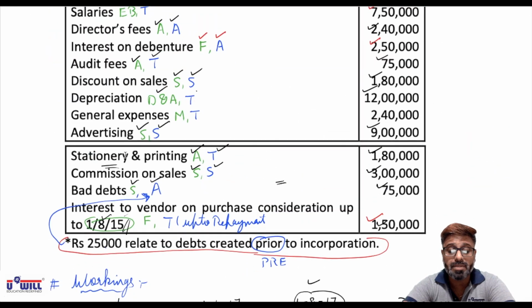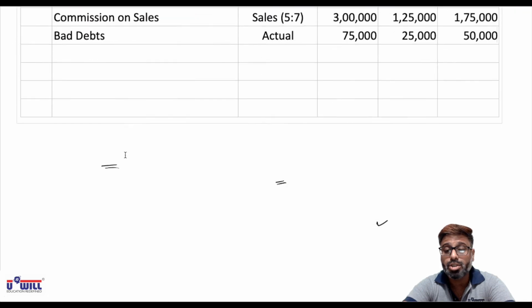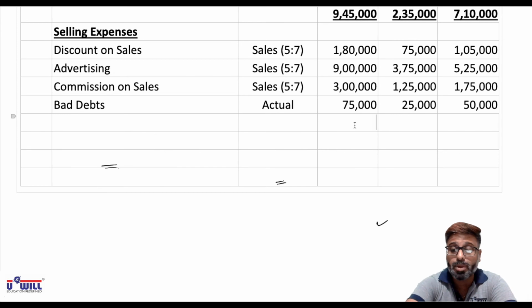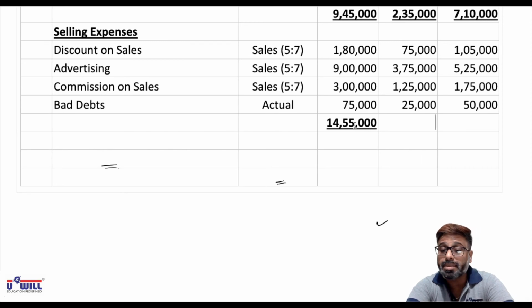After bad debts, we don't have any other item marked as S. So the total selling expenses would be 14,55,000, with 6,55,000 and 8,55,000.